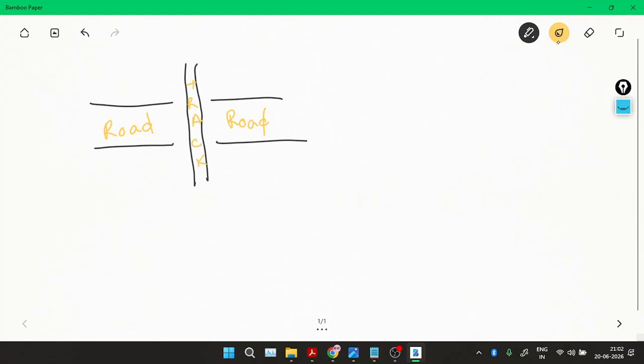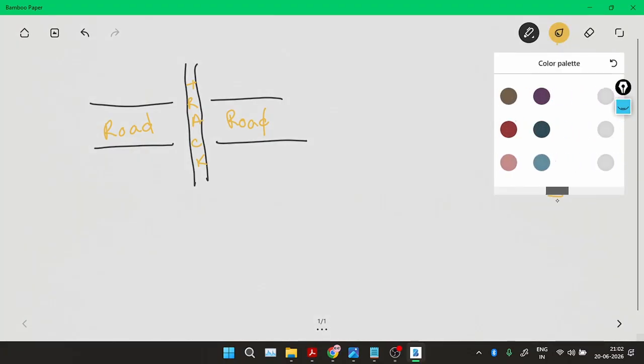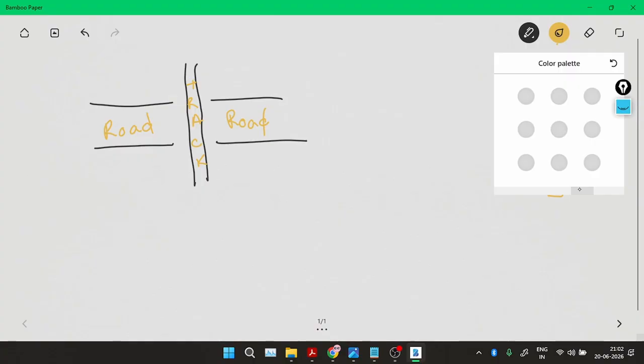And the main part, what we want, is the gates. For the gates, a red color would be much better. Let's check for the red color. Where is the red color palette? Okay, let's go with the pink one.